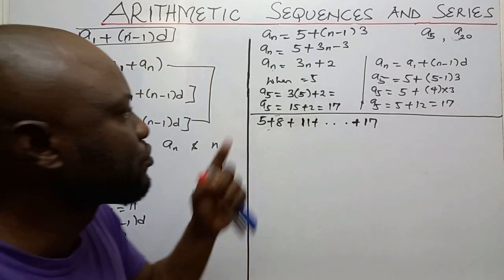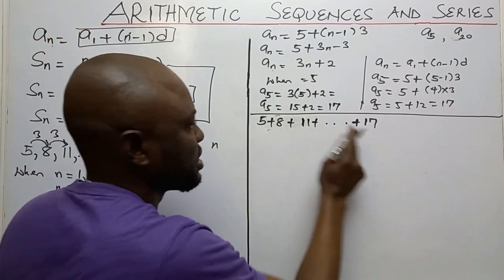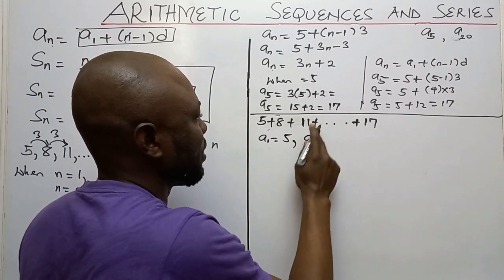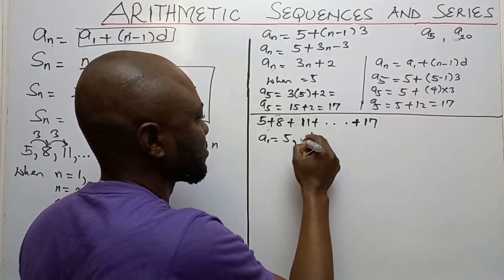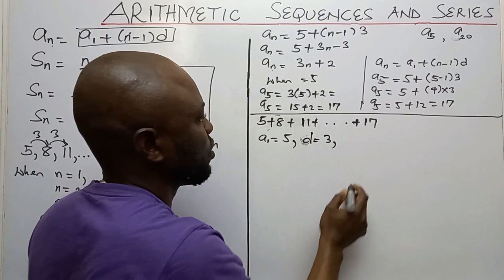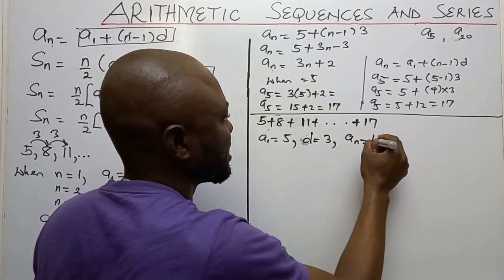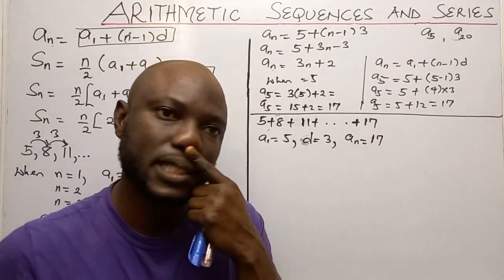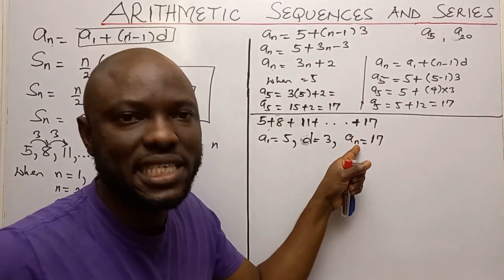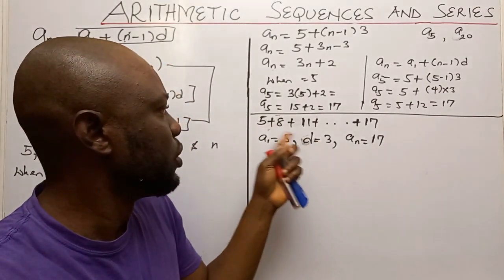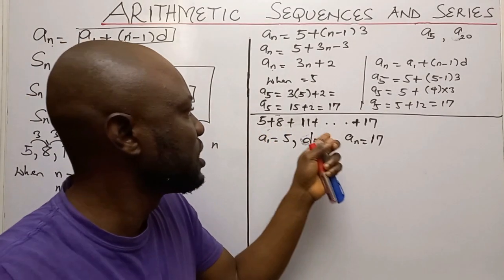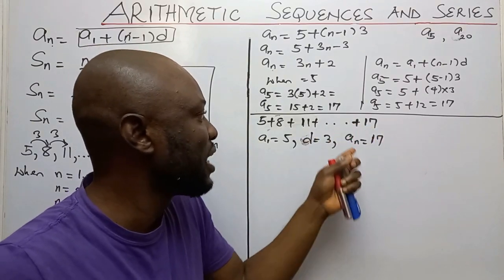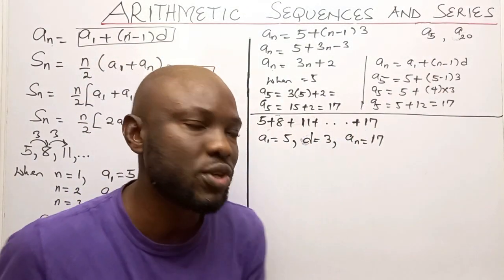So if you look at this sequence, our a sub 1 is 5. Our common difference d is 3. And then we have a sub n to be 17. So if we must find the sum of all of this, we need to know what the n term is, what n represents. I just want to prove something to you.